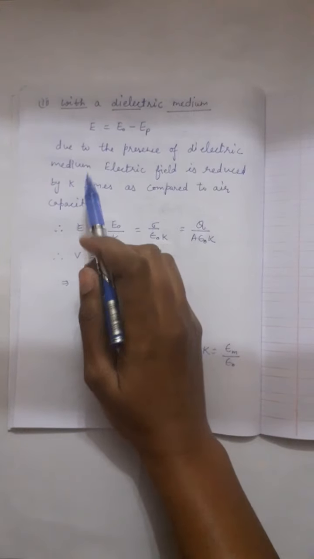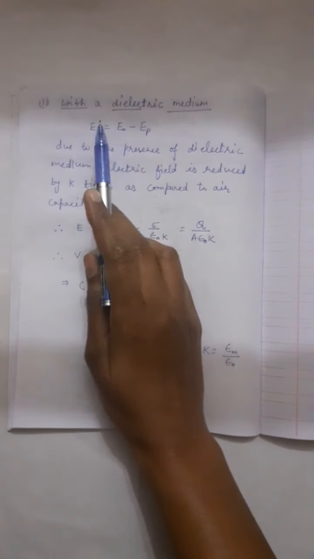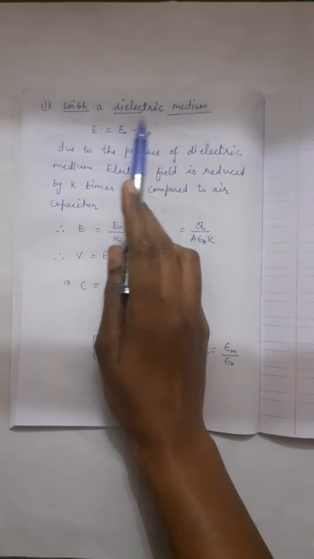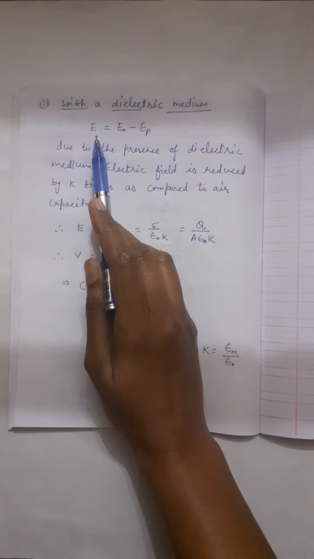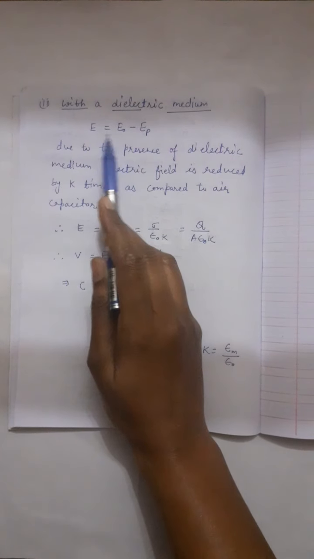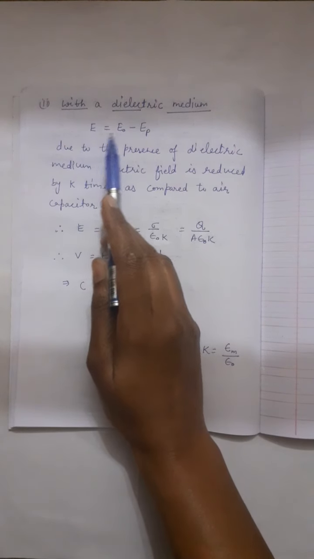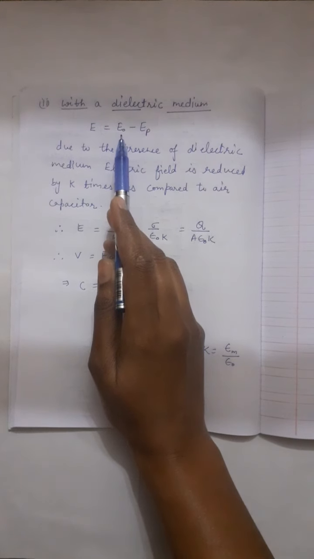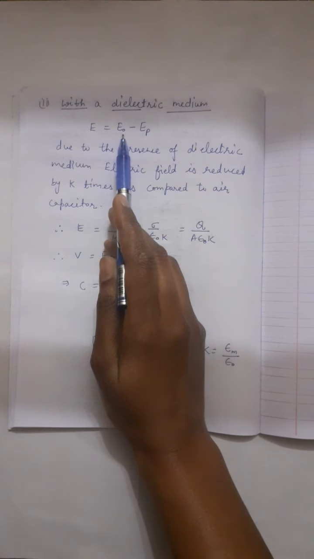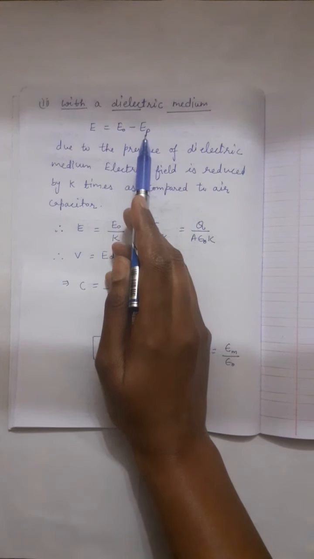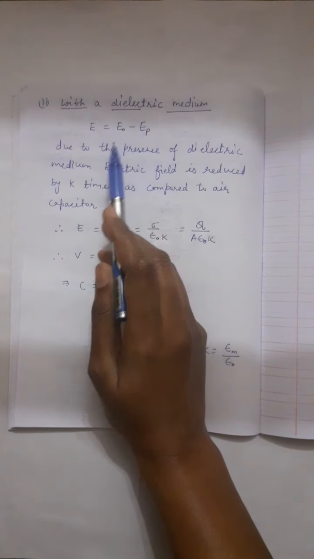Now we will calculate the capacitance for this capacitor with a dielectric medium. So we know that in the presence of the dielectric and due to this polarization field, the net electric field will be equal to E naught minus EP, where E naught is the electric field in the absence of the dielectric and EP is the polarization field due to the polarization of the dielectric.